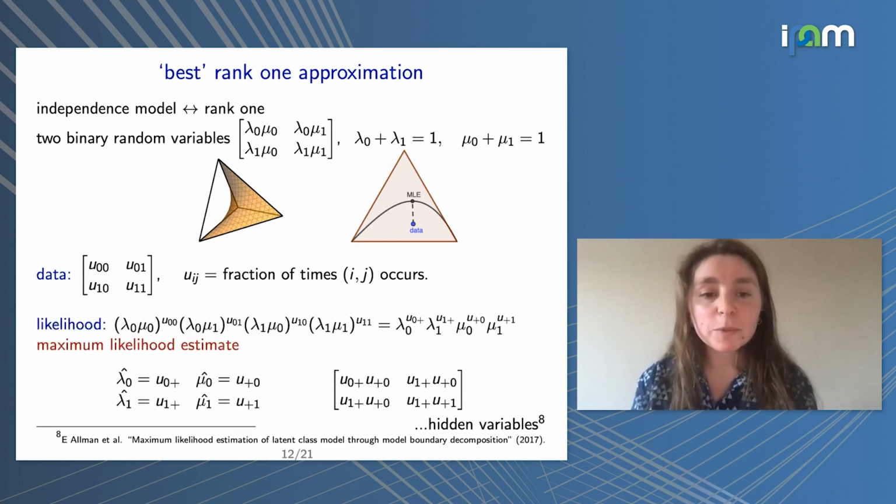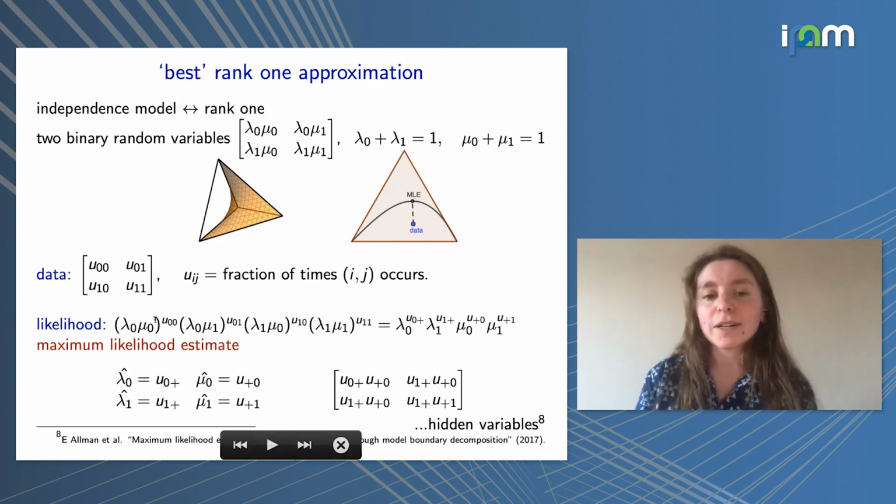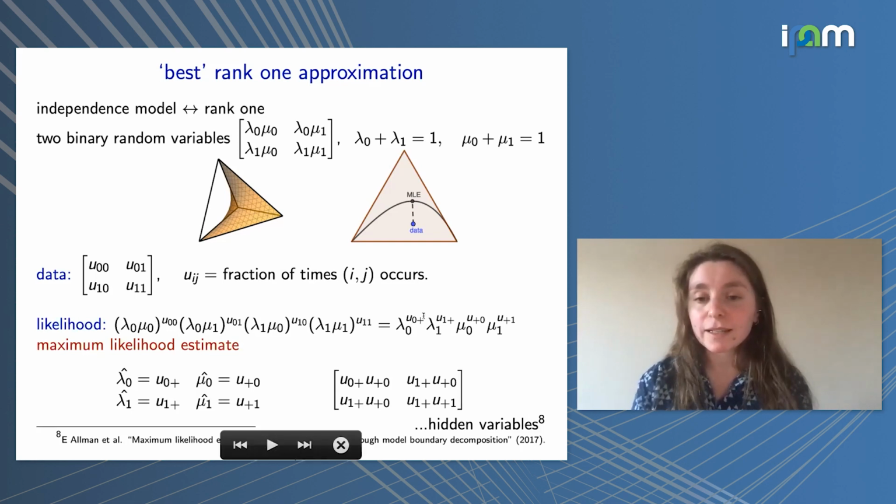Then we can compute our likelihood. We have our unknown probabilities raised to the power of our data observation, and this can be rewritten by collecting terms like this, where u_0+ means summing over the possible values for the index written with a plus.